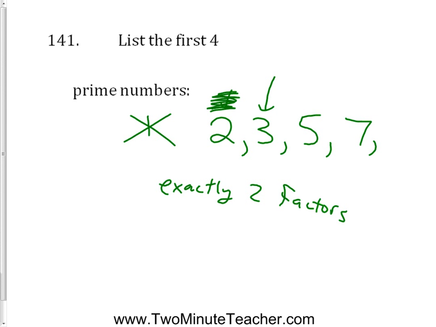So 3 is prime because it has exactly 2 factors, 1 and 3. 7 is prime because it has exactly 2 factors, 1 and 7. If there were any more factors than that, it wouldn't be prime. All right. By the way, if it's not prime, then it's composite. Composite means that it's basically got more than 2 factors. But 1 doesn't work in either group. 1 is not prime and 1 is not composite either. All right, so there are a few facts about 1 and prime numbers for you.